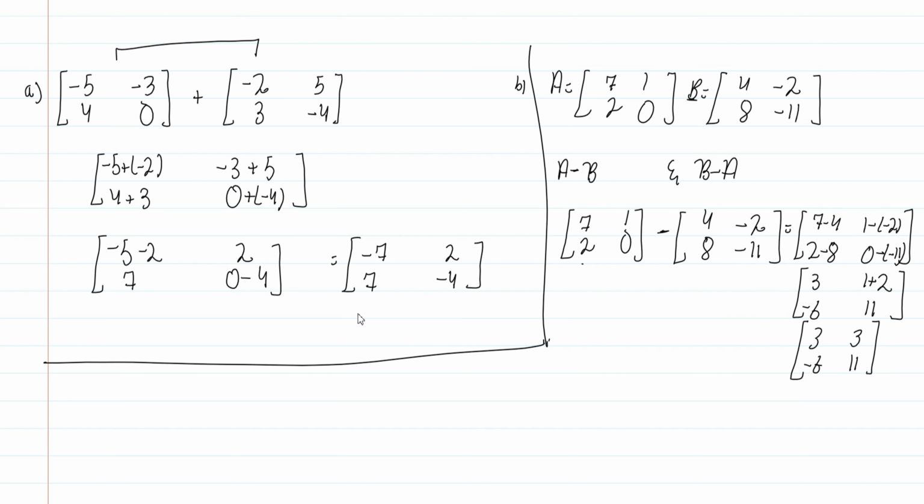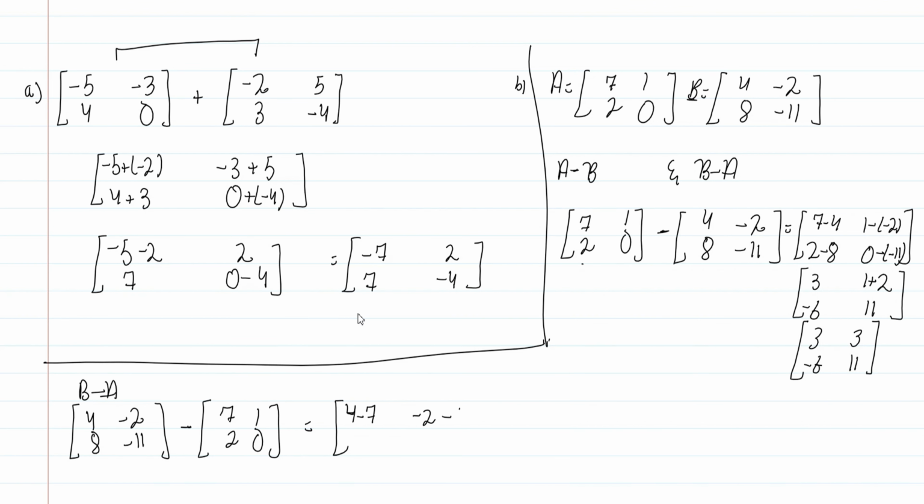Now look at B minus A. B matrix is 4 8 minus 2 minus 11 minus A bracket, that is 7 2 1 0. 4 minus 7, minus 2 minus 1, 8 minus 2, minus 11 plus 0.